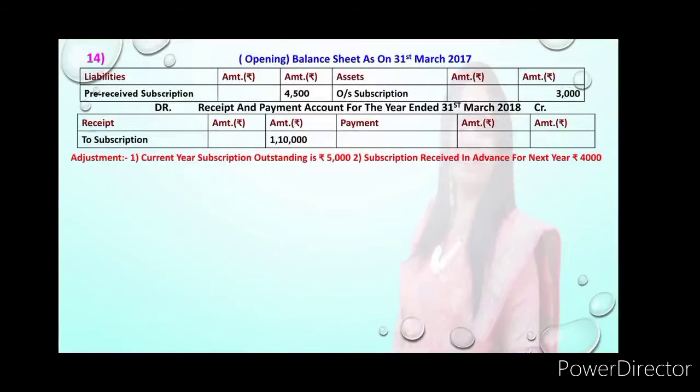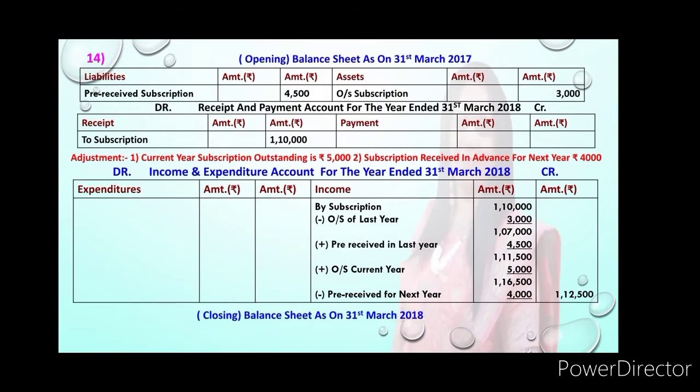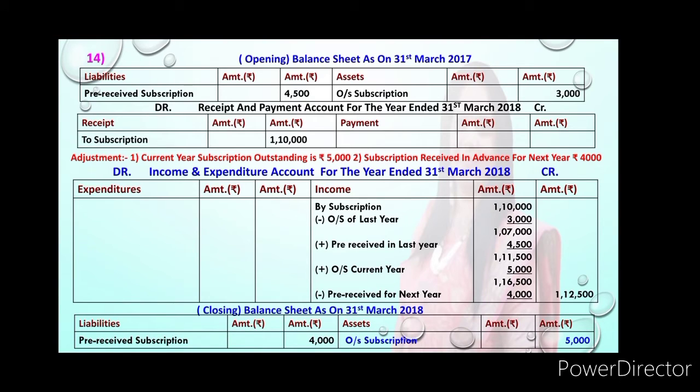Current year subscription outstanding is 5,000 rupees. Second adjustment, subscription received in advance for next year rupees 4,000. So first we will write the subscription amount 1,10,000 in the income and expenditure account credit side as by subscription.